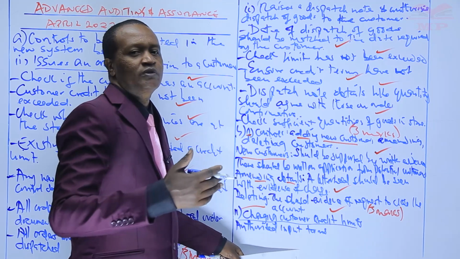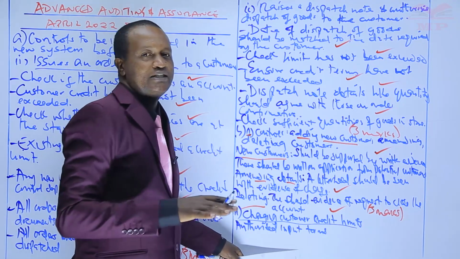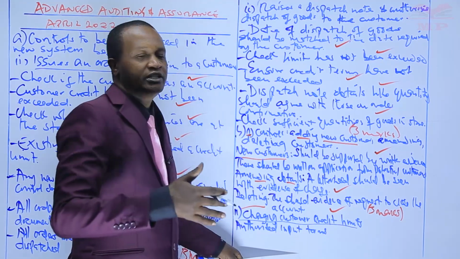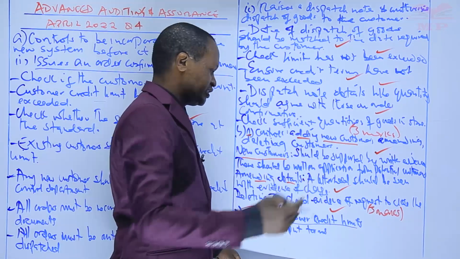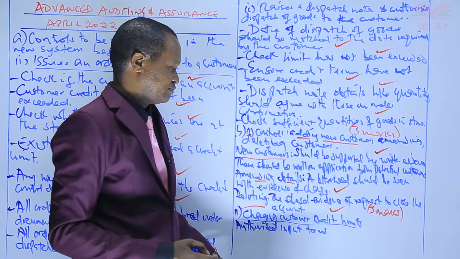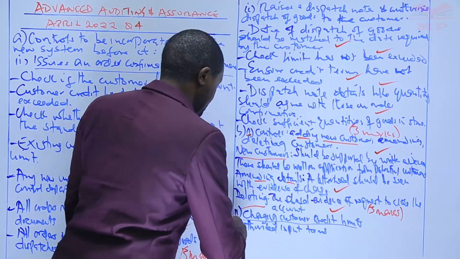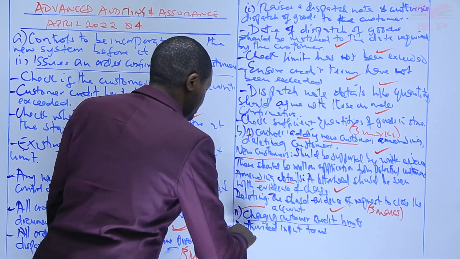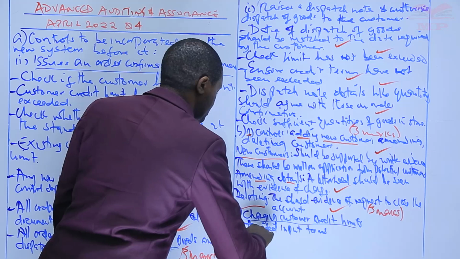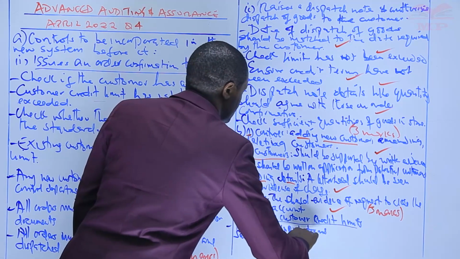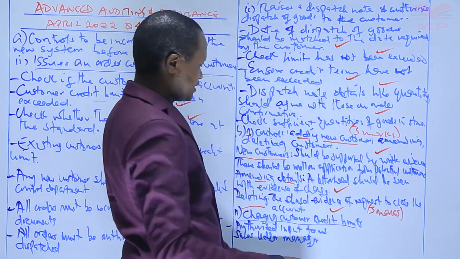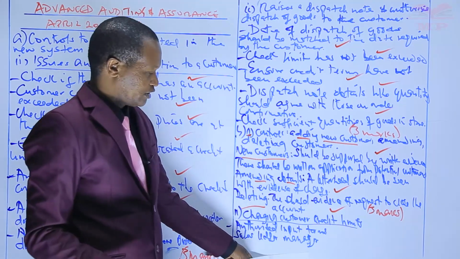Changes to existing data should be authorized by the sales ledger manager. You see, this is a senior officer of the company.